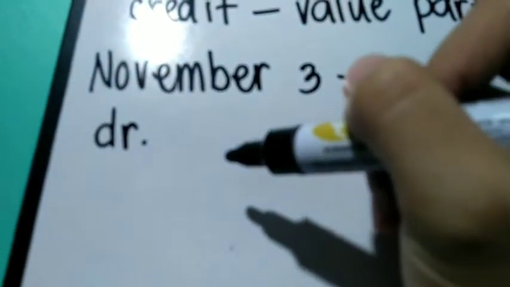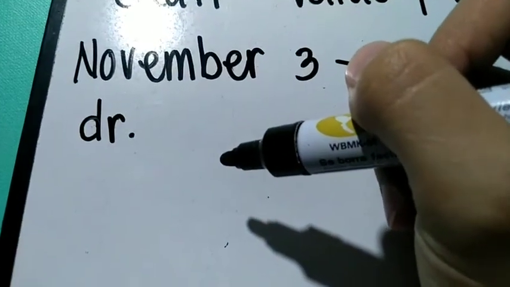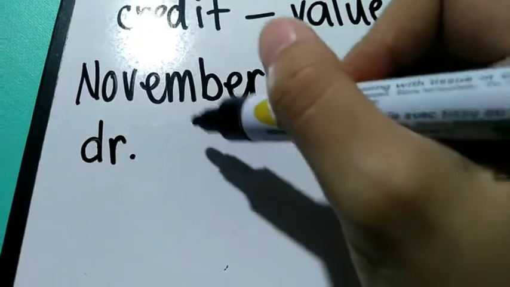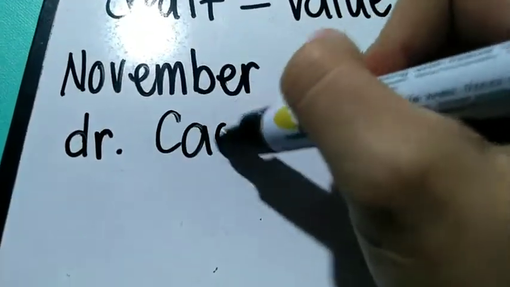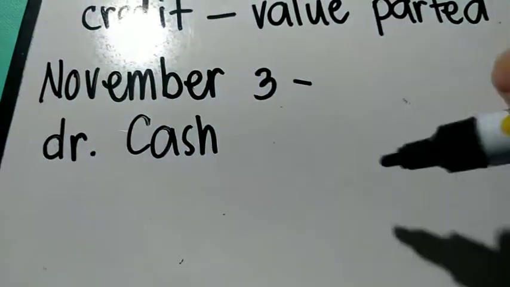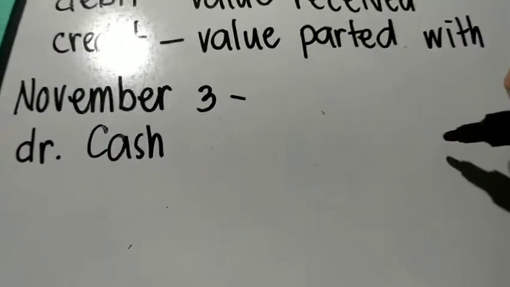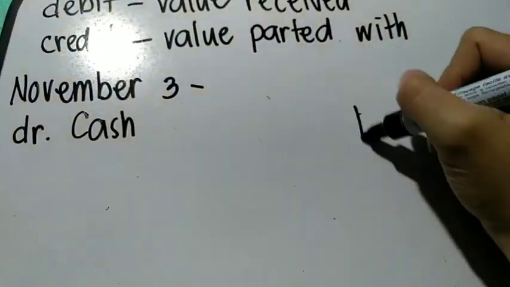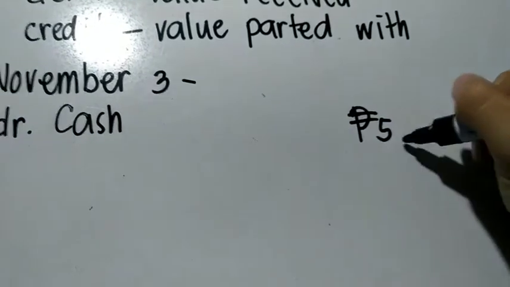So let's just put it here. Your debit. DR is the abbreviation for debit. So you received cash. For how much? That is 500,000 pesos.